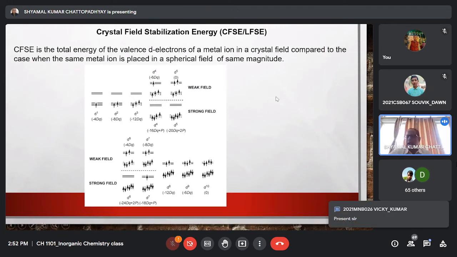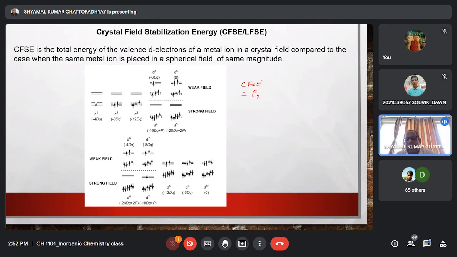So in general, CFSE, in most of the books, they consider as the energy of the octahedral complex, right, minus the energy of the spherical field, the energy of the spherical complex, right.